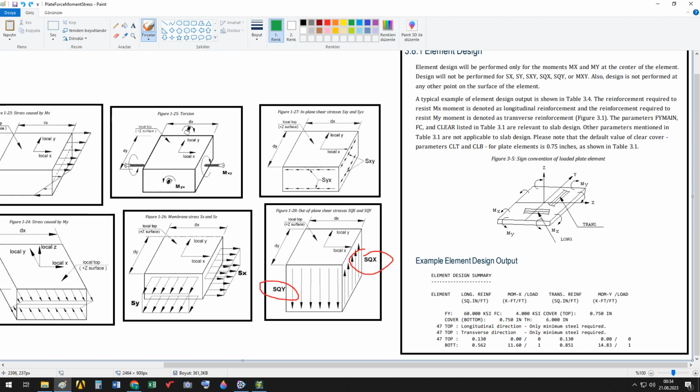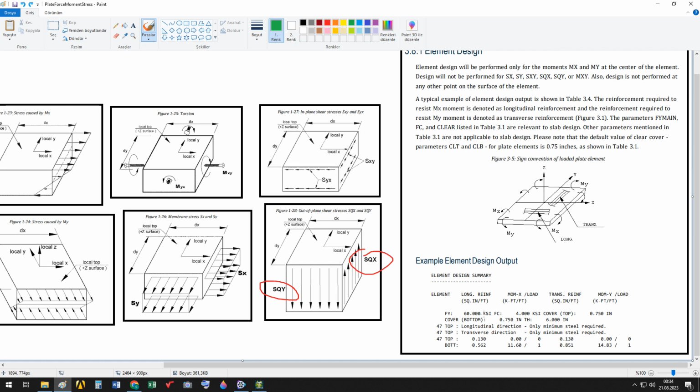The parameters: Fy main is the strength of the rebar. Fc is the compressive strength of the concrete, and clear is listed in table 3.1. I think this clear is the concrete cover.